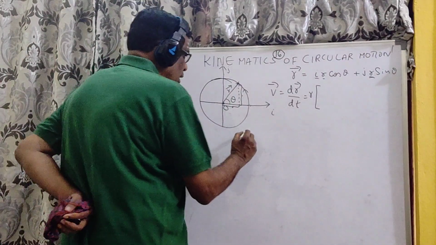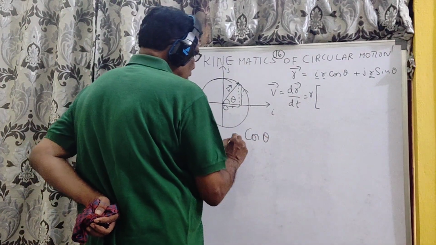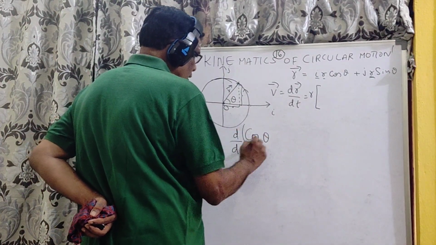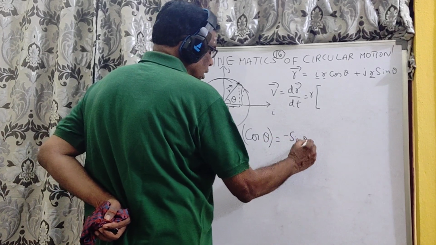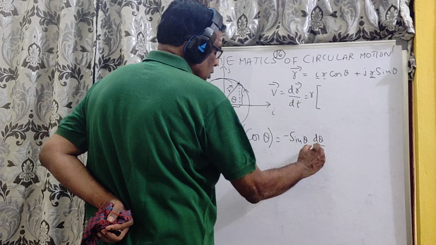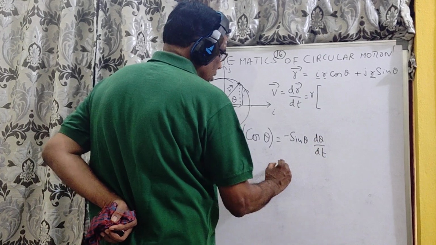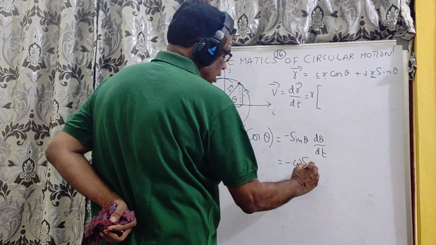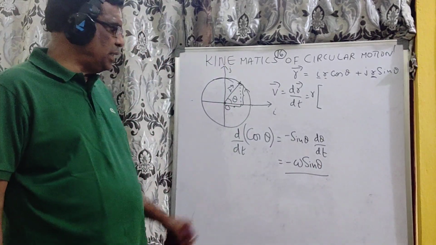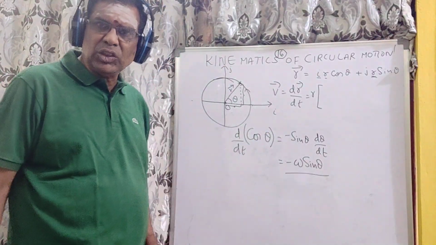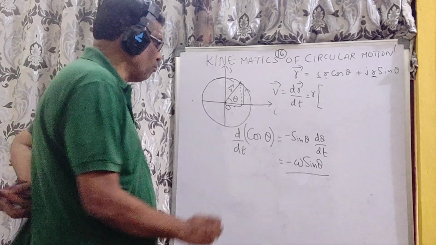I think I'll write it here. d by dt of cos theta is minus sine theta, then theta derivative d theta by dt, so I can write this as d by dt of cos theta is minus omega sine theta.